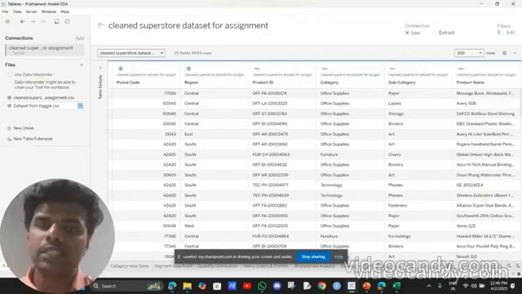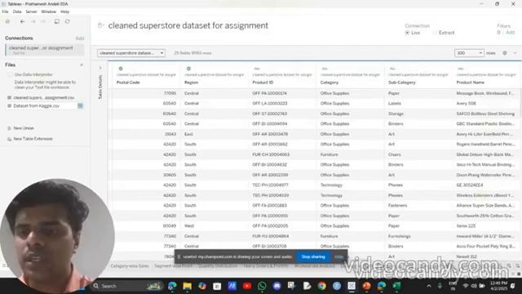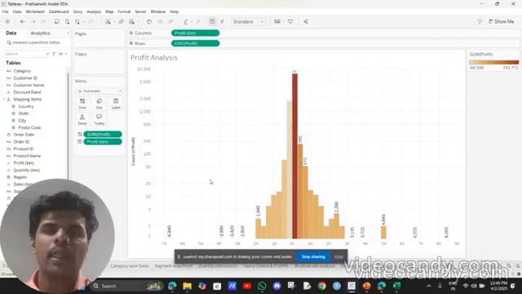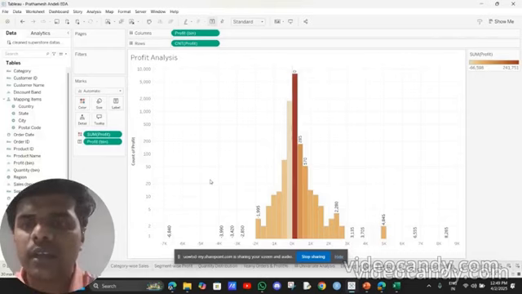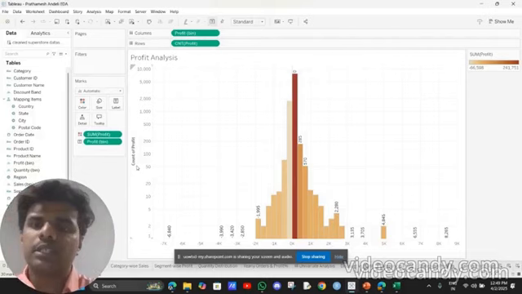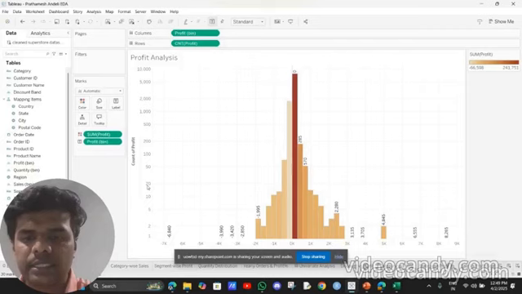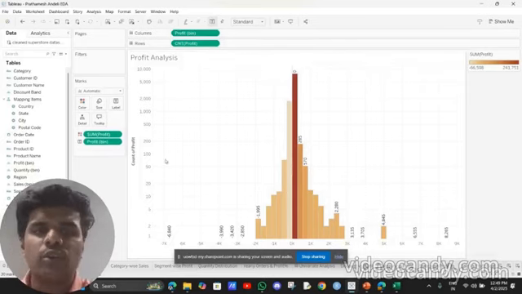So let's start with the univariate analysis. First is the profit distribution, profit analysis. Here, the count of profit, the number of rows basically, is along the y-axis, and on the x-axis we have the profit. And I have created the bin for profit to visualize it in a standard way.